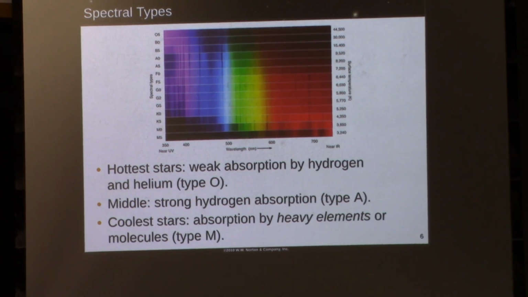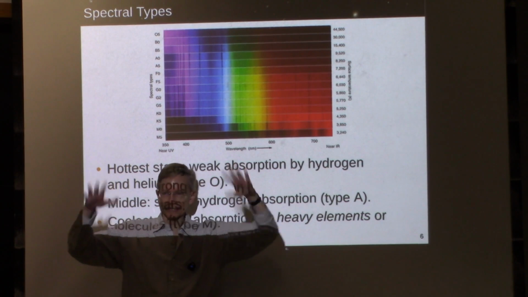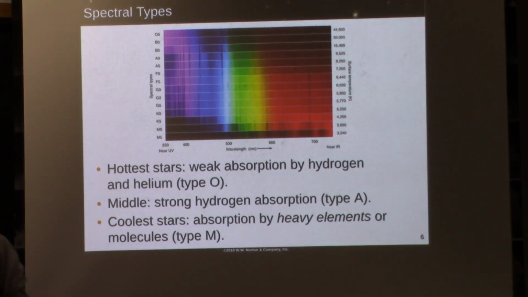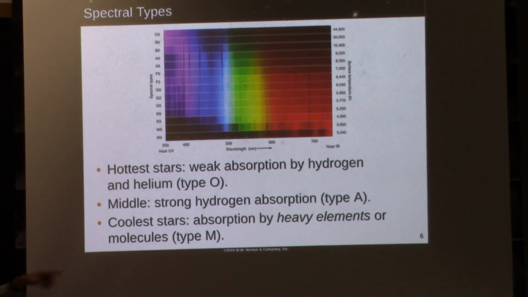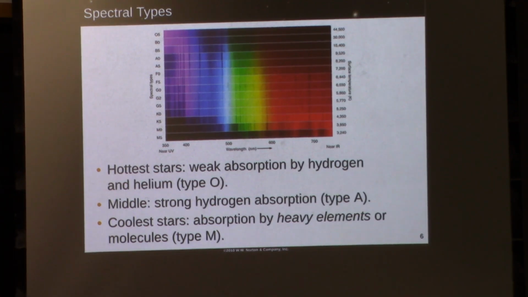If you look at the type M stars, they're what we call blanketed by spectral lines. There are so many prominent spectral lines for the coolest stars, type M. Their spectra are characterized by absorption lines of heavy elements or molecules. Those are stars cool enough that some molecules can form in their atmospheres.